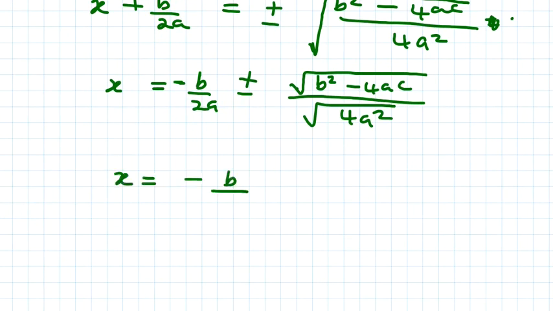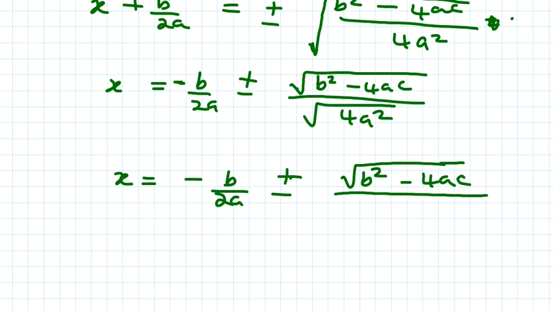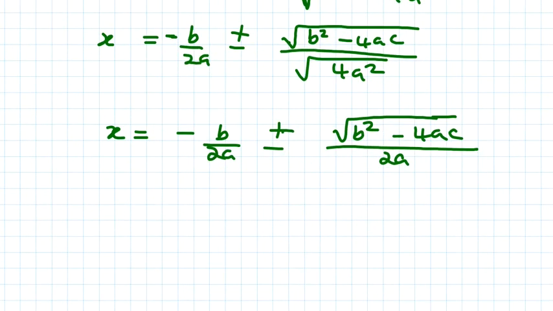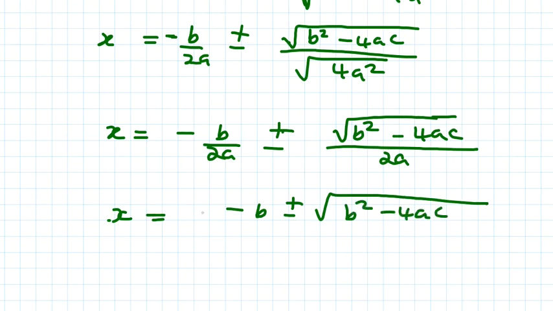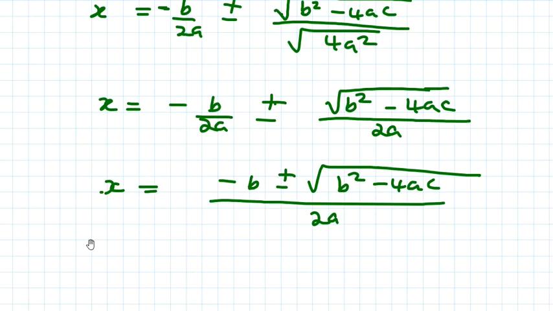And let's further simplify our expression on the right hand side of the equation. So now we have 2a, and since the denominators are the same, we can conclude that minus b plus or minus square root of b squared minus 4ac over 2a is the value of x. So that's the quadratic equation. That's how we derive it.